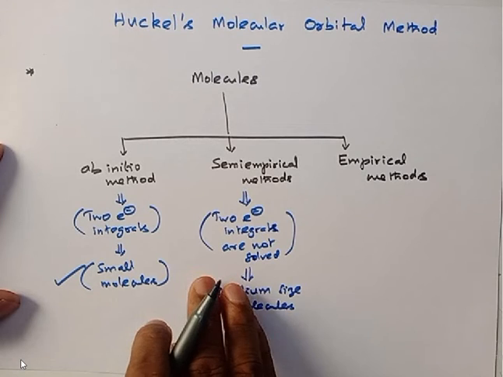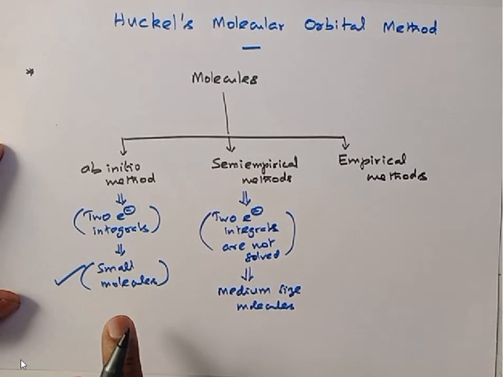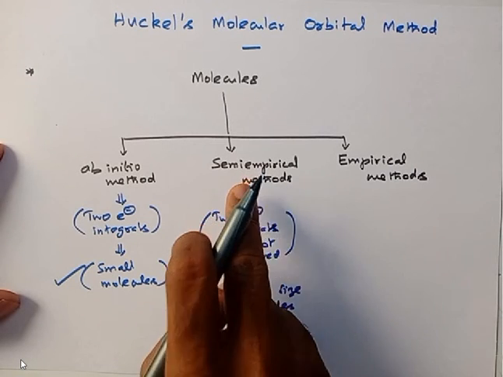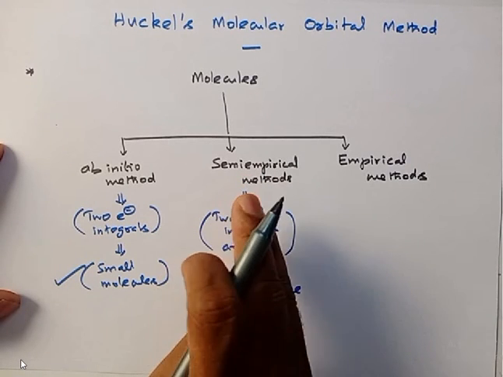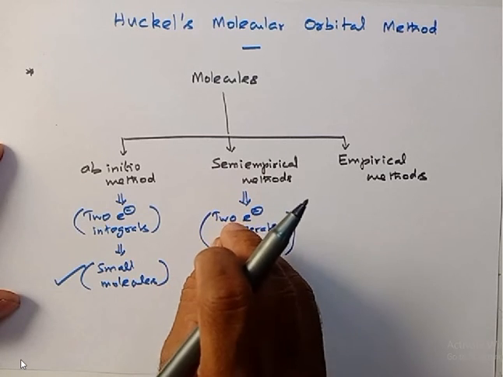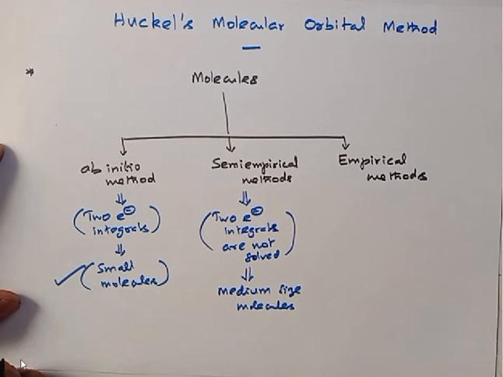If molecules, and listen, this is another important information, this is time consuming. Semi-empirical method is time consuming, and the cost involved is quite less compared to the Abinitio method.